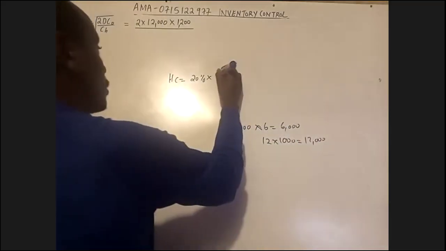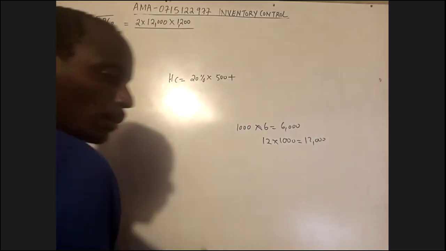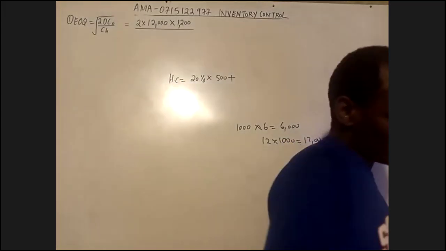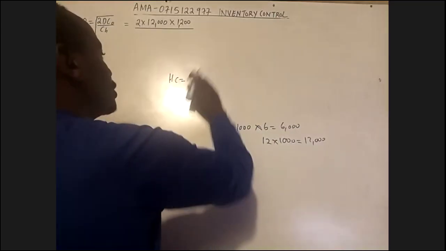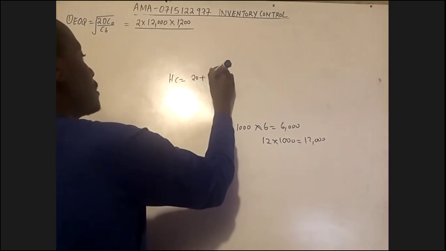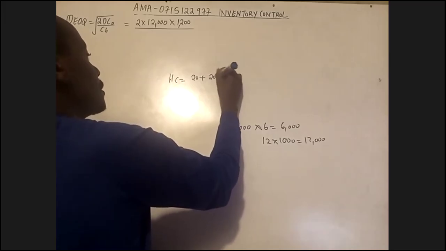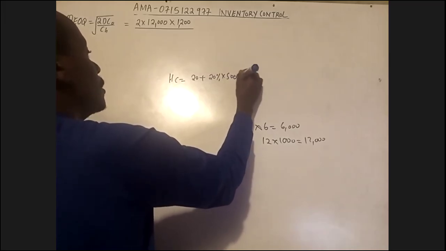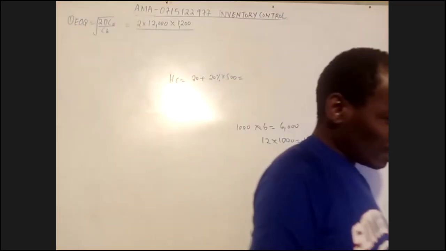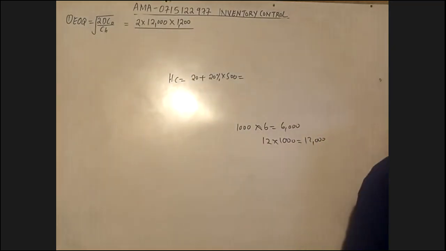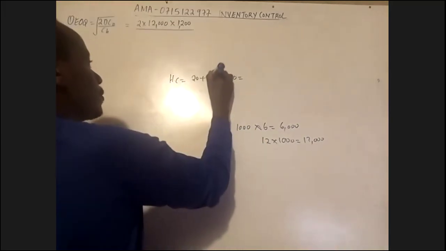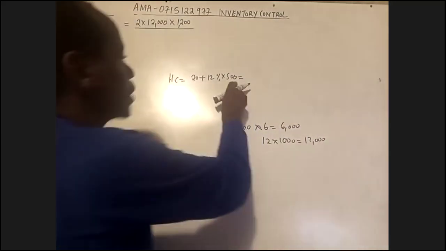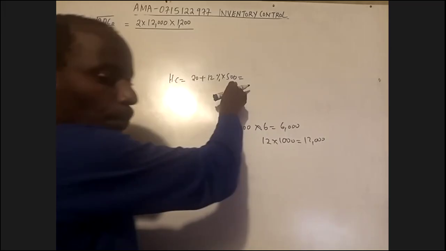The carrying cost is 20 shillings per unit plus 12% of 500, where 500 is our purchase cost.